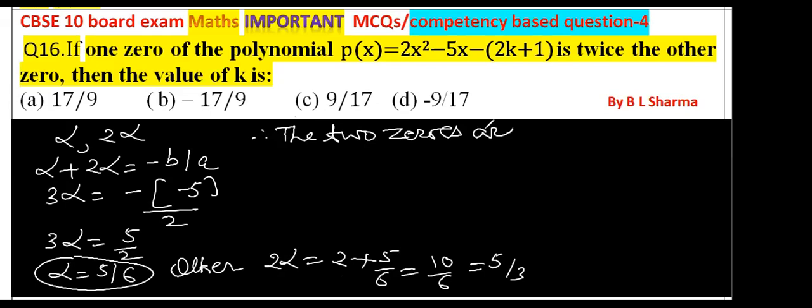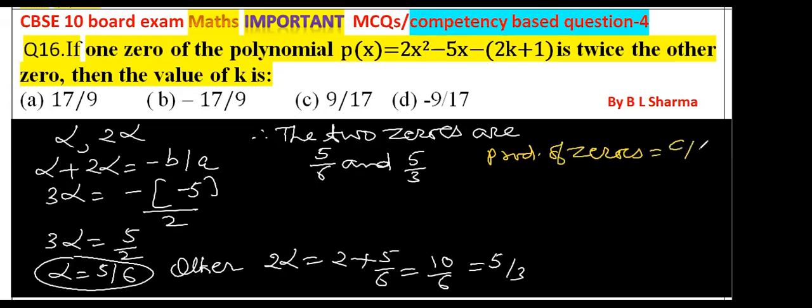The two zeros are 5/6 and 5/3. Now look, we also know that the product of zeros is c upon a. Product of zeros is 5/6 into 5/3.